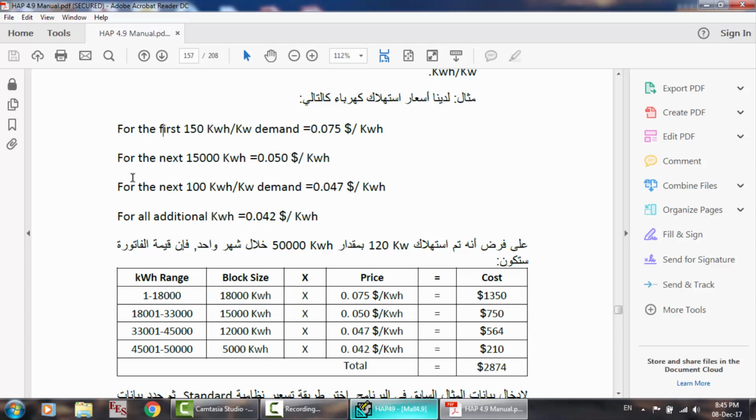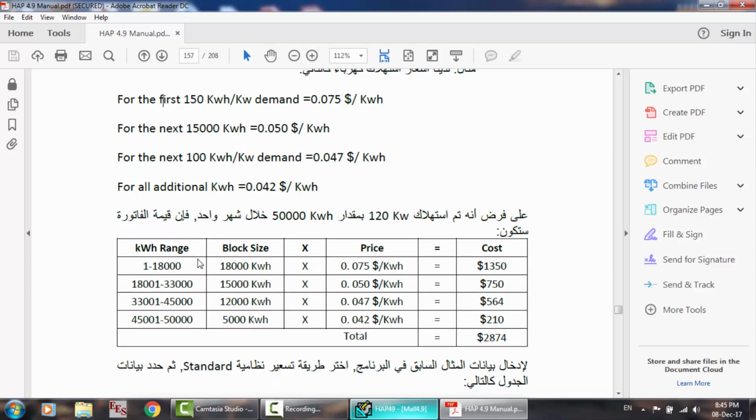Suppose that for the first 150 kilowatt hour per kilowatt of demand, this is the price, and the next 15,000 kilowatt hour, this is energy, this is the price, and for the next 100 kilowatt hour per kilowatt of demand, another price, and all additional kilowatt hour is this price. So the total is 15,000 kilowatt hour per 120 kilowatt.